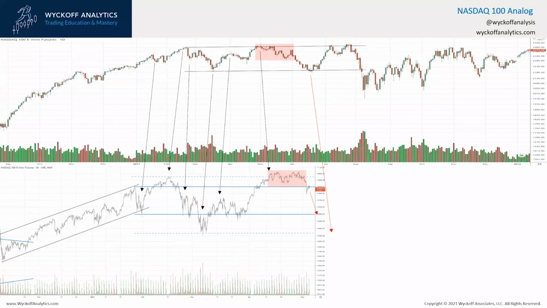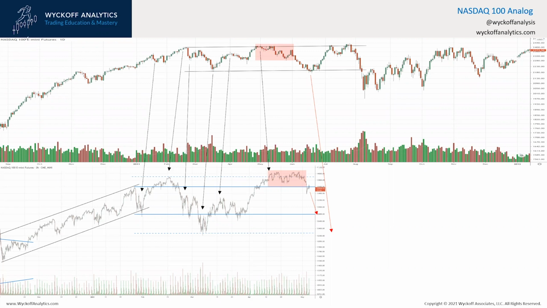Well, if we are going to have some kind of weakness, which could lead maybe to some kind of even shakeout in growth stocks, then we need to look at NASDAQ 100. And here's an analog.